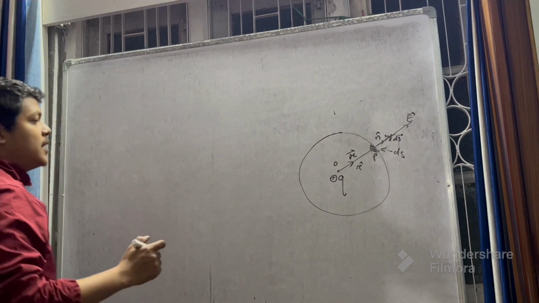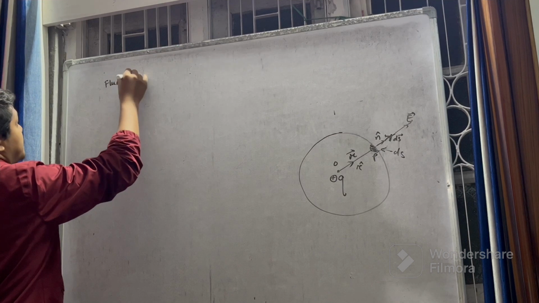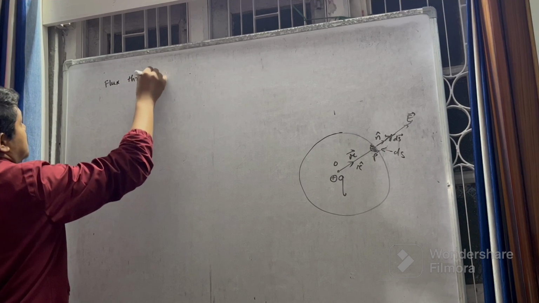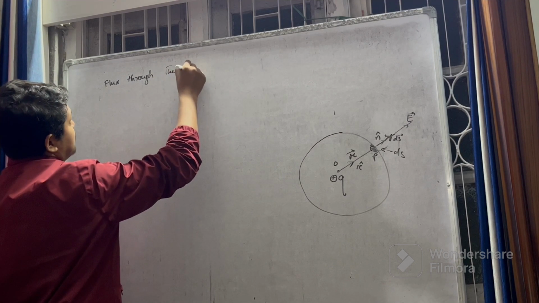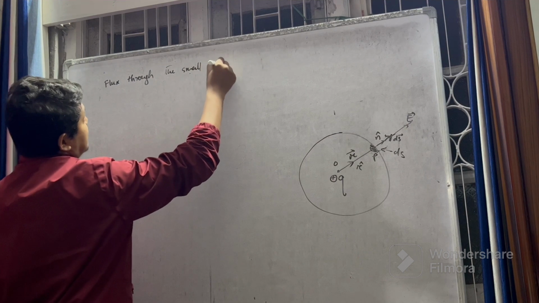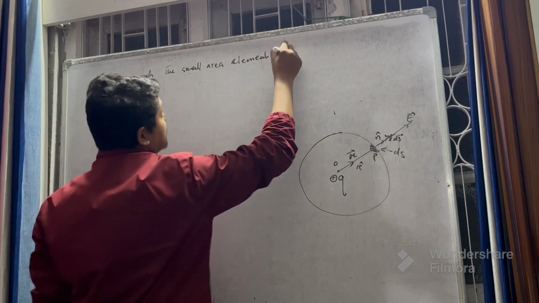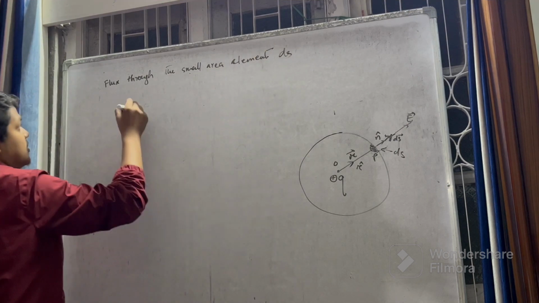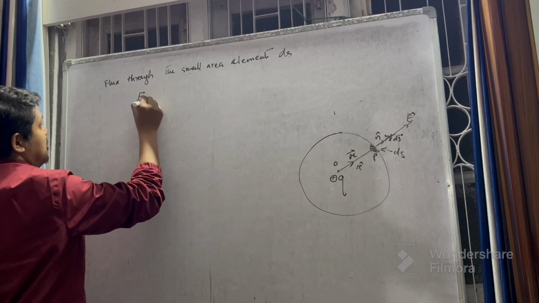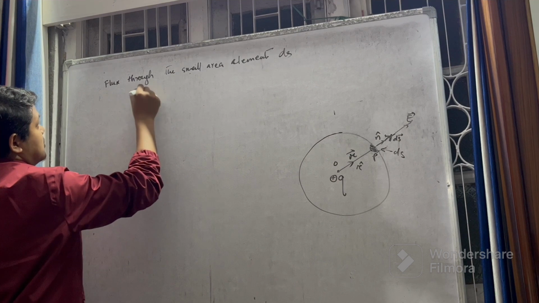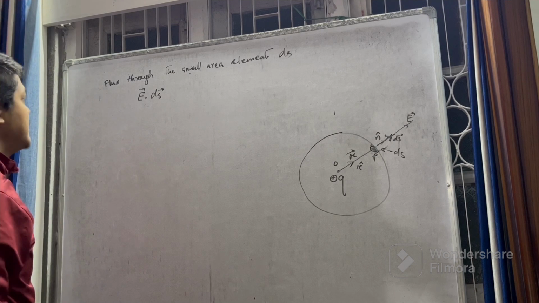Now you see, flux through the small area element ds is given by E dot ds vector, right?